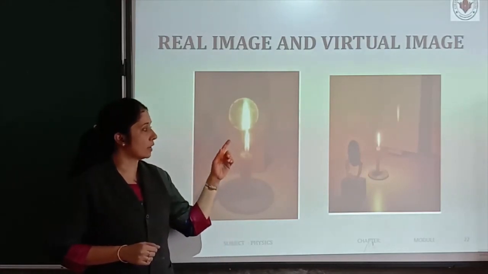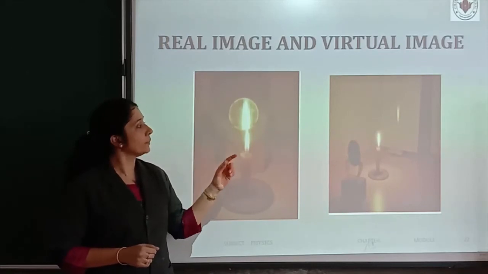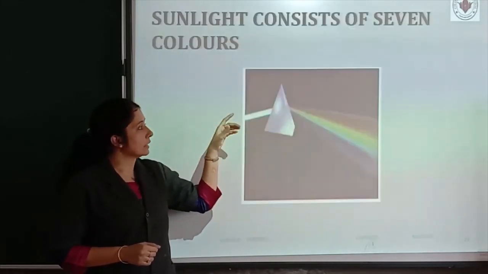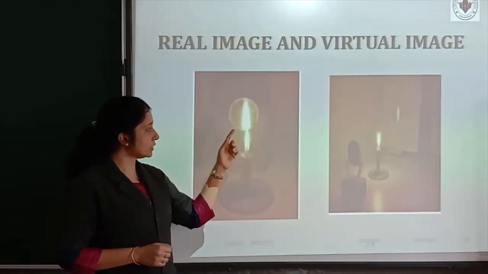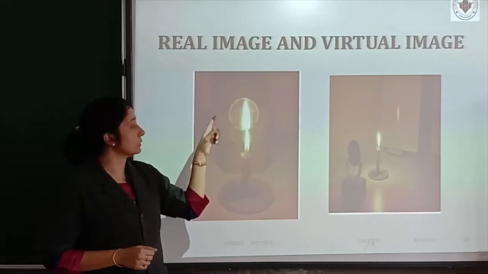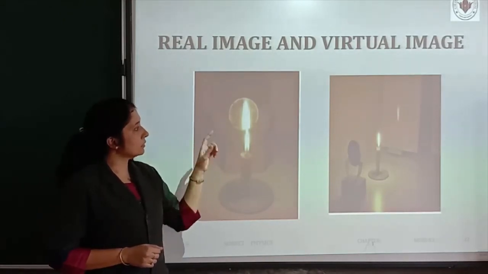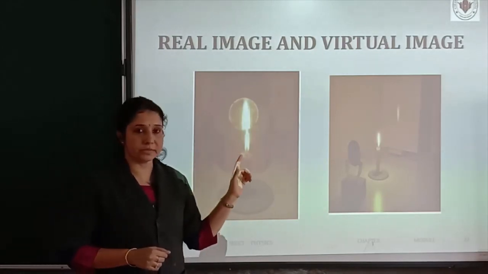Now what about a virtual image? In this picture, what you see is a candle placed in front of a concave mirror, but the image is formed inside the mirror and there is no screen. You see an image inside the mirror which is bigger, and the image is also upright or erect, just like the object.